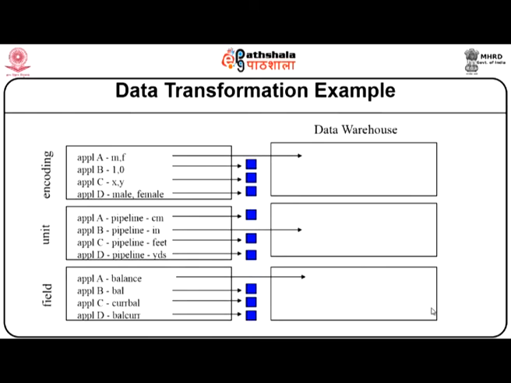This is one example of a data transformation process. Like different formats of encoding schemes, say application A stores male and female as M and F, the other application B takes the information of male and female as 1 and 0, application C takes the information as X and Y, and application D takes it as male and female.